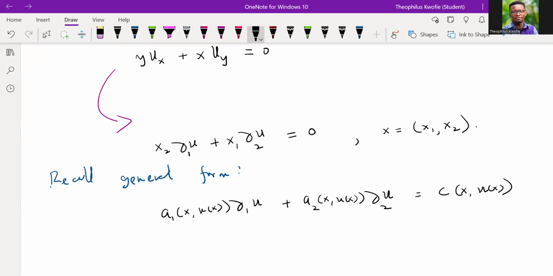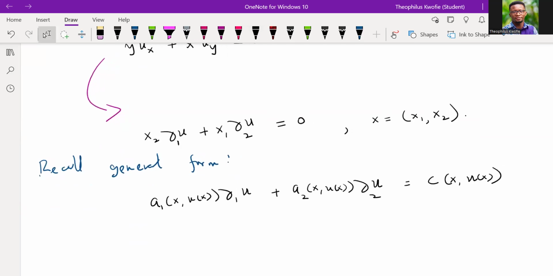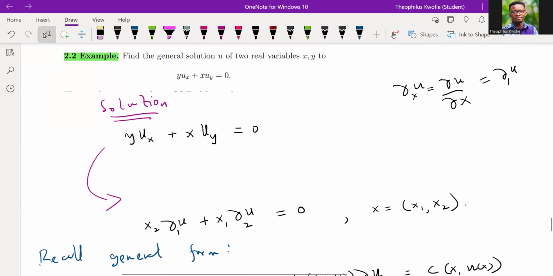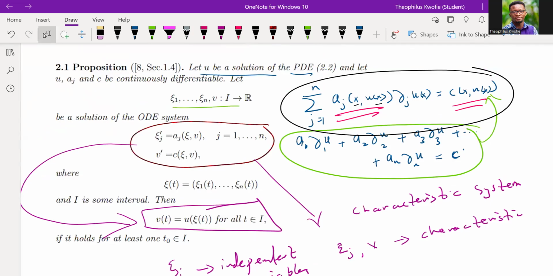Now, remember that we need to extract our characteristic system. This is what we said is our characteristic system.